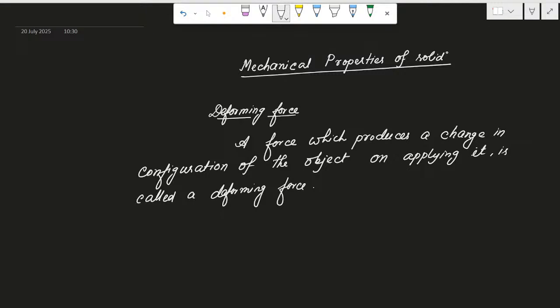Rigid means if you apply force on that object, it will not have any deformation, only its position, velocity and acceleration change. But a non-rigid body, when you apply force, gets displaced and may also get deformed.